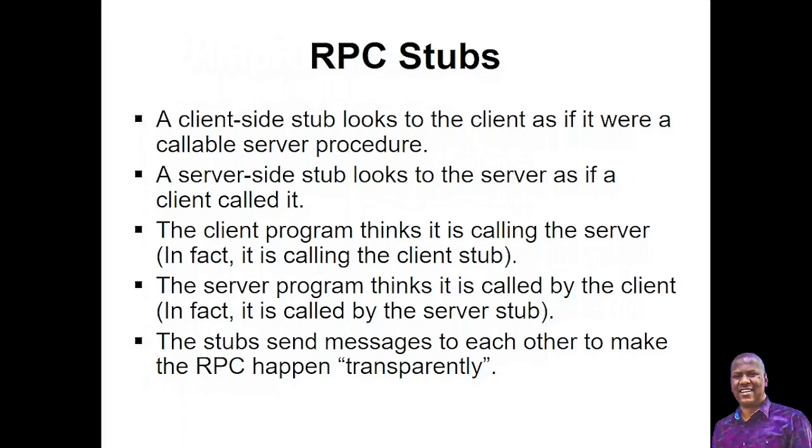So we have the various stubs. As I mentioned, you have the client-side stub that looks to the client like a callable server procedure. We also have the server-side stub that looks to the server like a client. So the client program thinks it's calling the server. I think this is what I was trying to illustrate in my previous discussion. The stubs send messages to each other to make the RPC happen transparently.